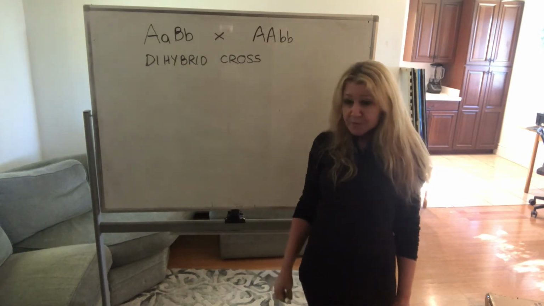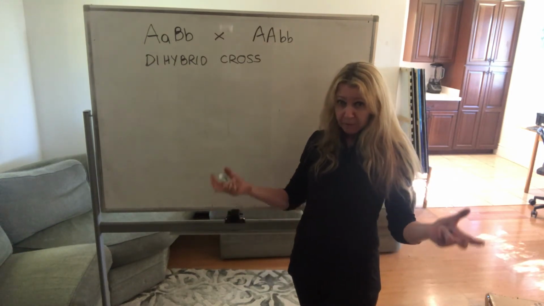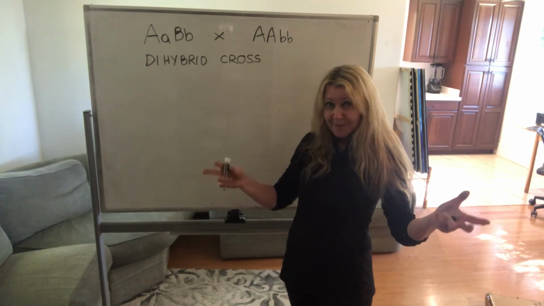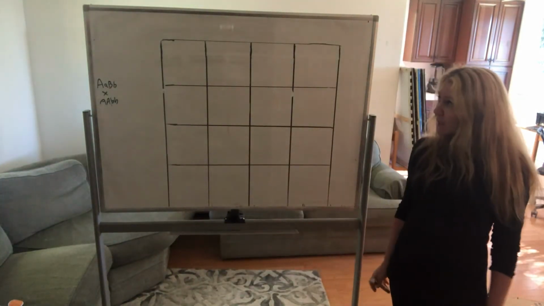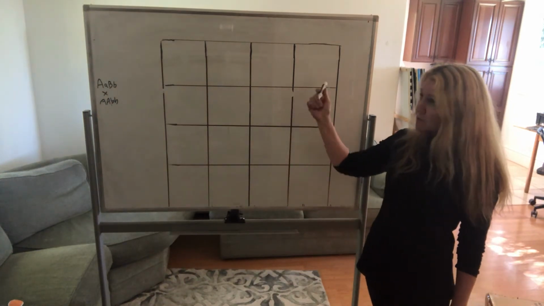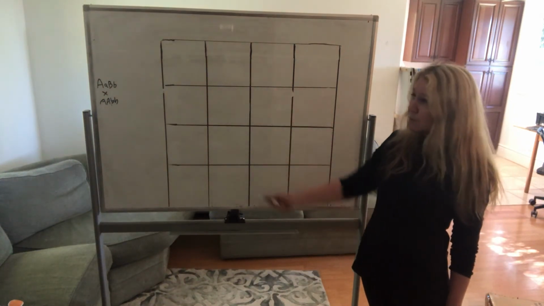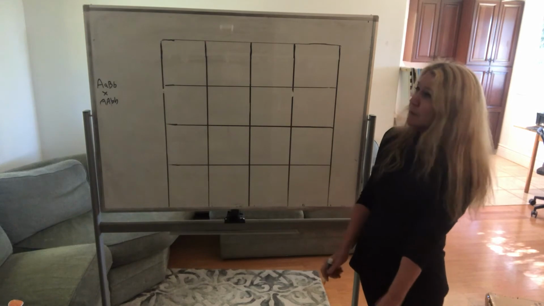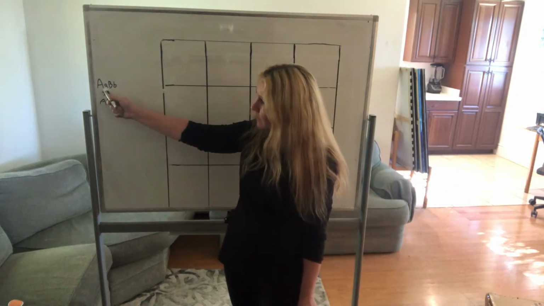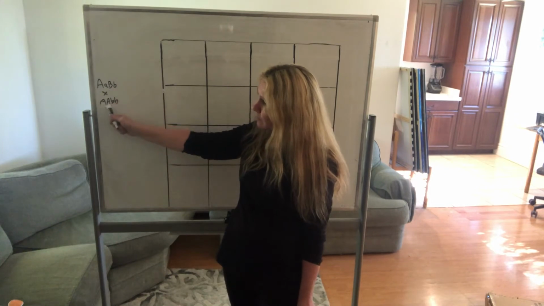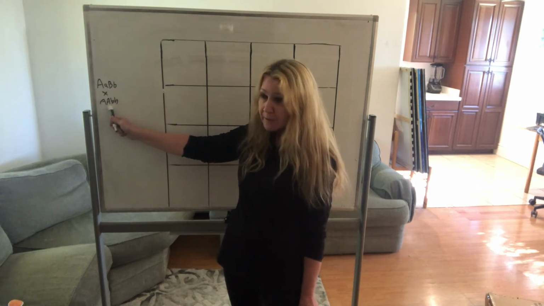Now to do this, we have to use a Punnett square with 16 boxes. When we set up a Punnett square for a dihybrid cross, it should look something like this. It's 4 by 4, a total of 16 squares. We're going to look at the cross between big A, big B, little b, times big A, little b, little b.